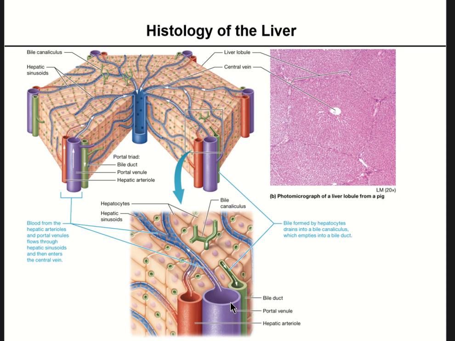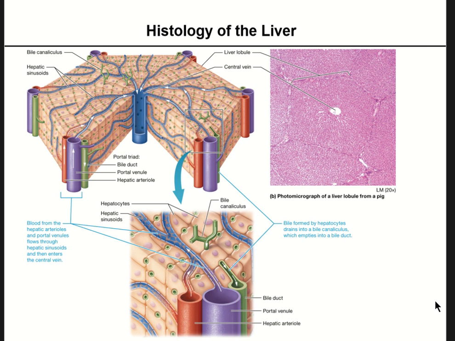Then in the middle, you've got your portal venule, which will be a branch of your portal vein. And remember, the hepatic portal vein is different from your hepatic vein, right?